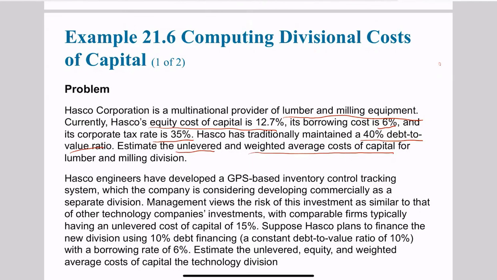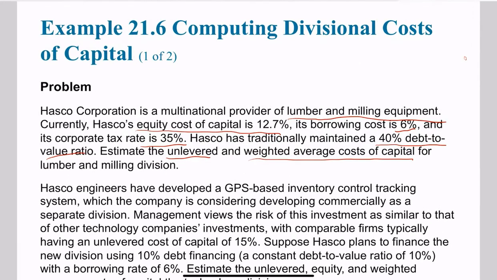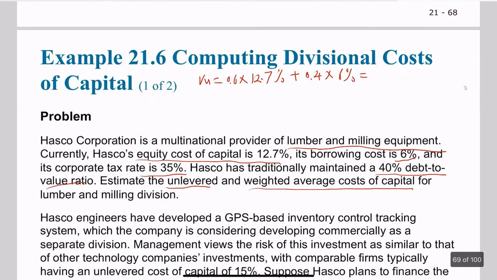This is easy, right? We could just use these numbers given. So unlevered is equity value ratio 0.6 times 12.7% plus debt value ratio 0.4 times 6%. So this gives us 10%.